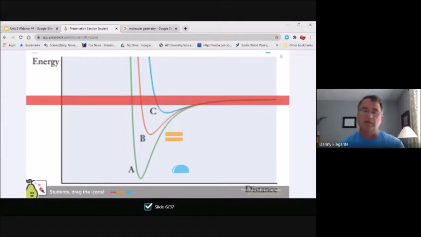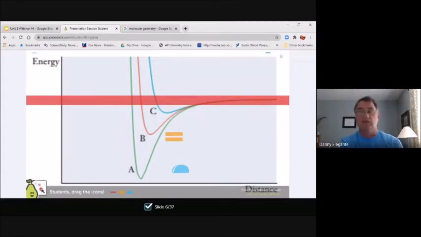Let's see if we can also do that based on bond length. Look at the distance from where you started out to the edge. Notice how C has a greater distance. If you start at the green line as your starting point and go out on the x-axis, the bottom of the C curve is the greatest distance, the bottom of the B curve is the next greatest, and the bottom of the A curve is the shortest.